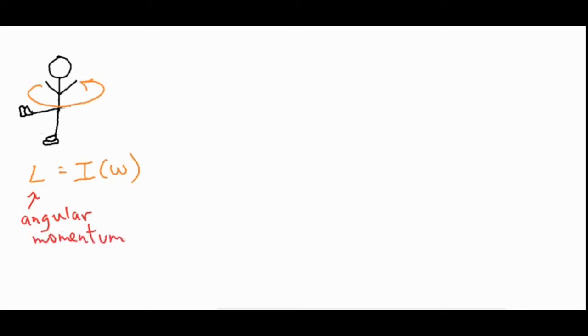In this picture, we have a figure skater that is rotating, and as they're spinning, one would analyze the formula L equals I omega, where L is the angular momentum, I is the rotational inertia or moment of inertia, either one, and omega is the angular velocity.